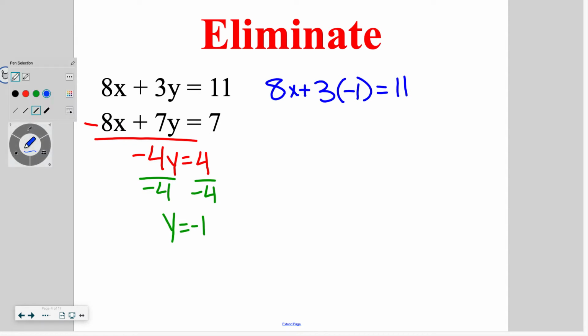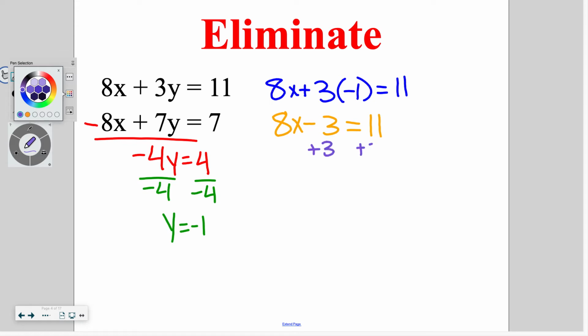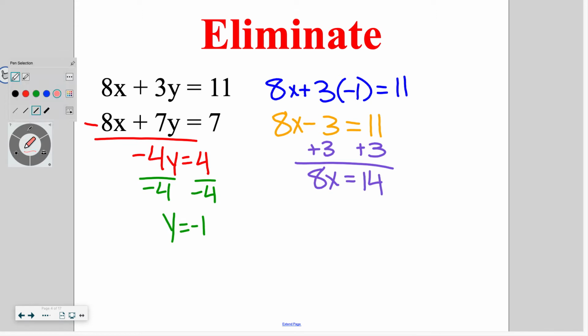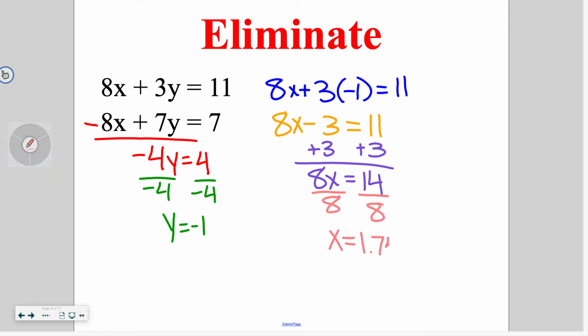When I continue to solve that, I'm going to get 8x minus 3 is equal to 11. As I continue, adding 3 to both sides, that's going to give me 8x is equal to 14. And I'm going to finish by dividing both sides of my equation by 8, and that's going to give me x is equal to 1.75.